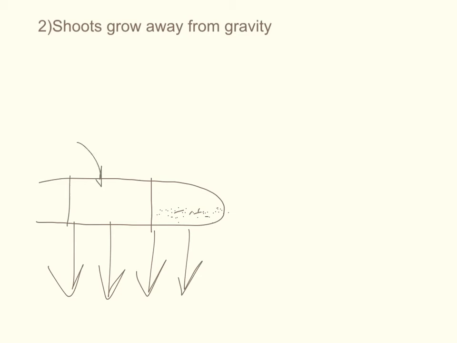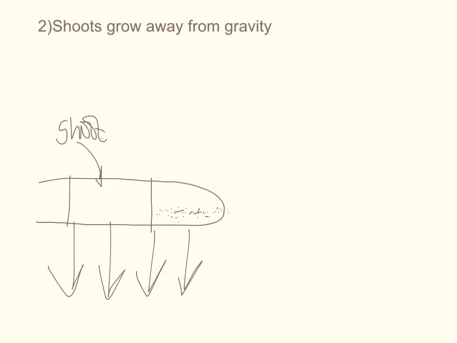So this is my shoot. As you can see, the tip of the shoot has my auxin accumulating on the lower side of the stem. Our gravity will be acting in a downwards motion, and my shoot is in this location here.